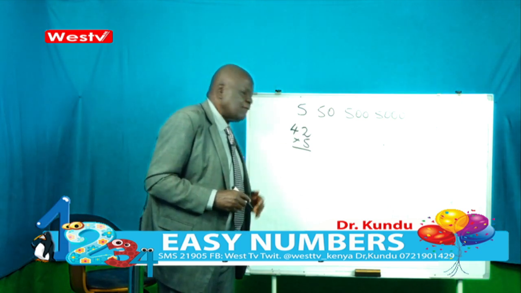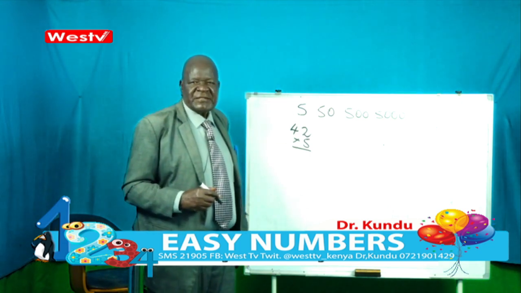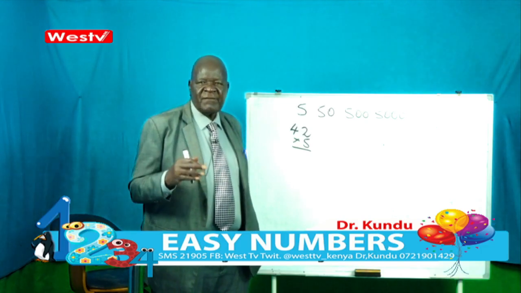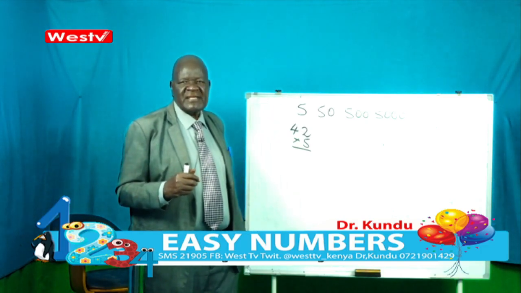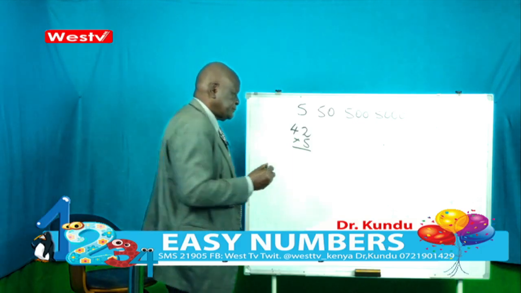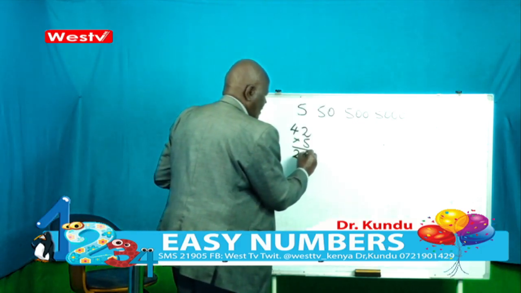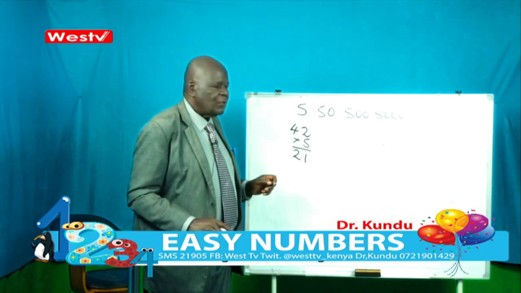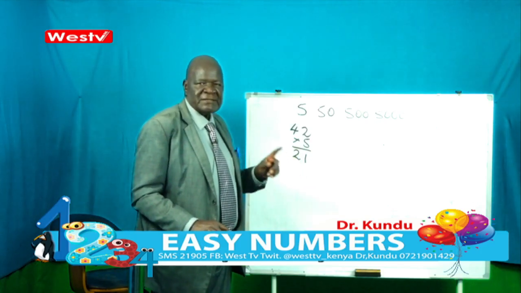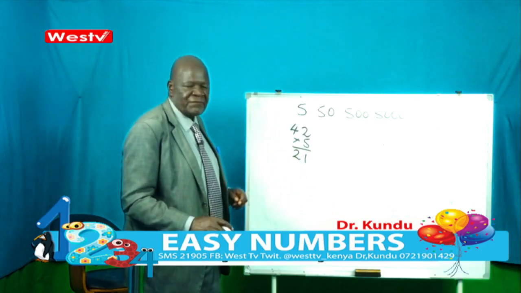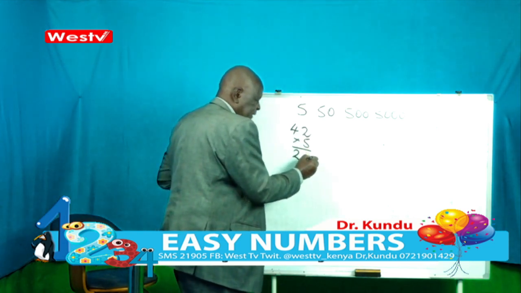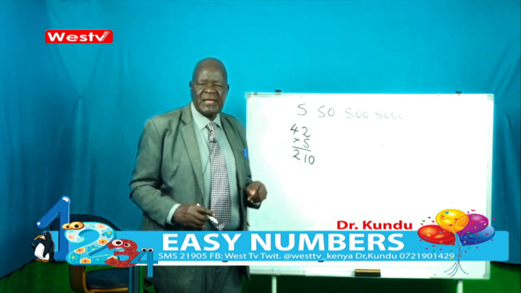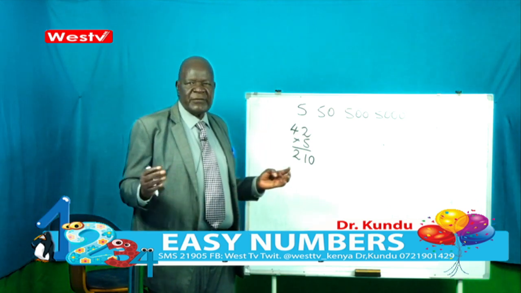So now let's go. 42 times 5. At a glance, take half of 42, which is actually 21. And once you have gotten that half of 42, look at the 5 you are using. It's a single digit. Therefore, add 1 zero only. And the answer to 42 times 5 is 210.